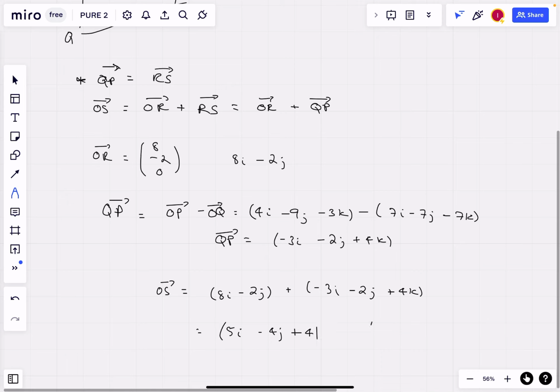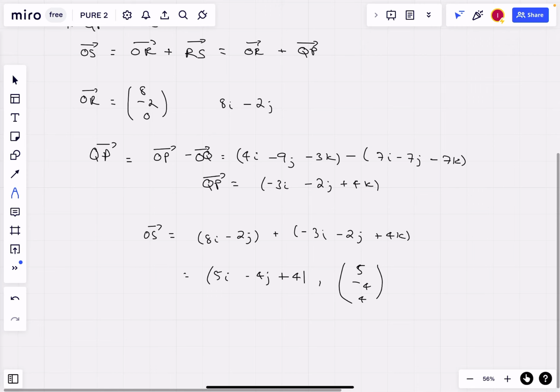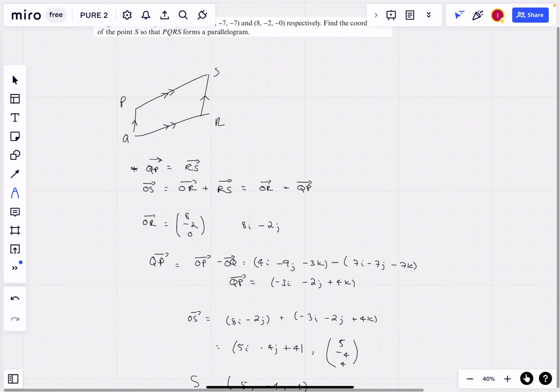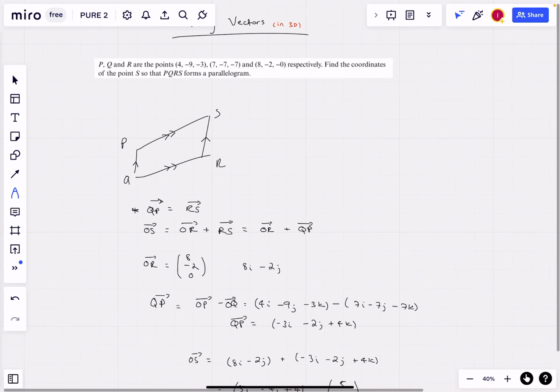Or you can write it as 5, minus 4, 4 as a column vector. Whichever one is easier for you. So that means S has the coordinates 5, minus 4, 4. There we go, done. Those are the coordinates of the point S.